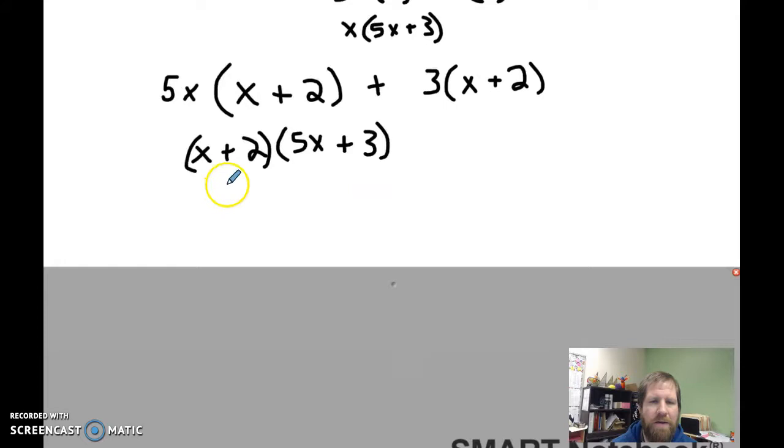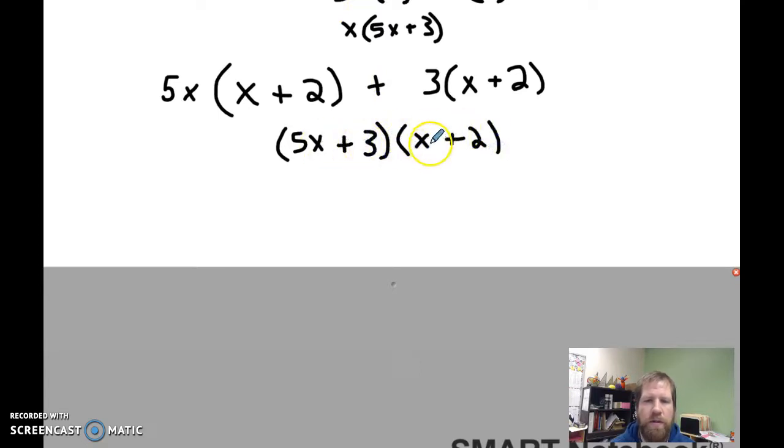And if I was going to multiply this out, I would have the same thing. I'd be foiling, and unfortunately I wrote this backwards. Let me switch that around so it's a little clearer. So I have my x plus 2, which is a little more what we're used to.